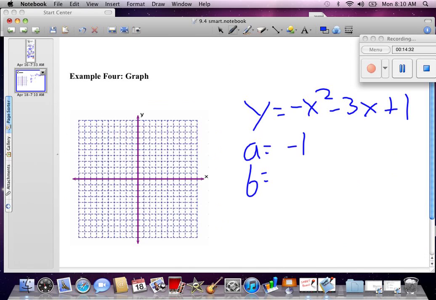What's B? Just negative 3. And what's C, Troy? Okay, do you guys remember that equation that we have to plug all these into? Negative b over 2a equals x. So you might want to write this down to do your homework. Step 1.